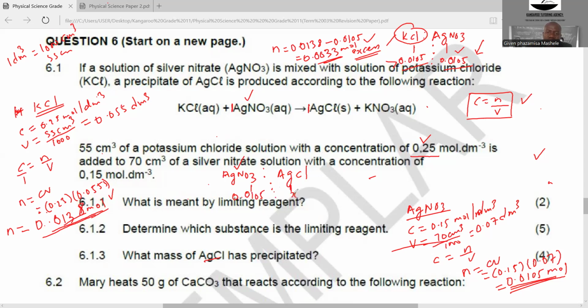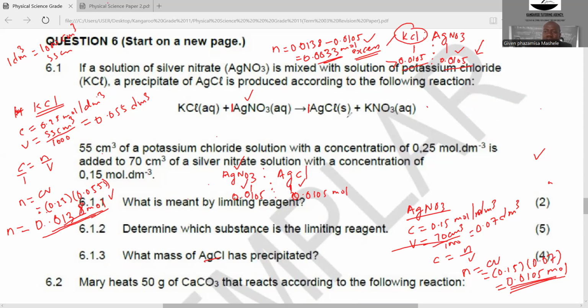Even if we cross multiply, it will still have 0.0105 mole. So now we are comparing silver nitrate and silver chloride, 1:1. Now we know the number of moles of silver chloride. It means we can calculate the mass of silver chloride. I believe you are following now.